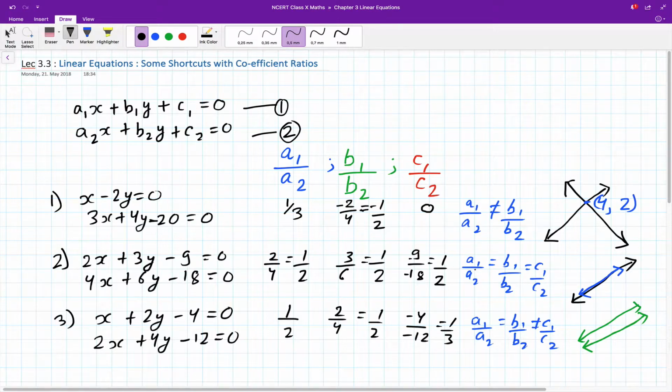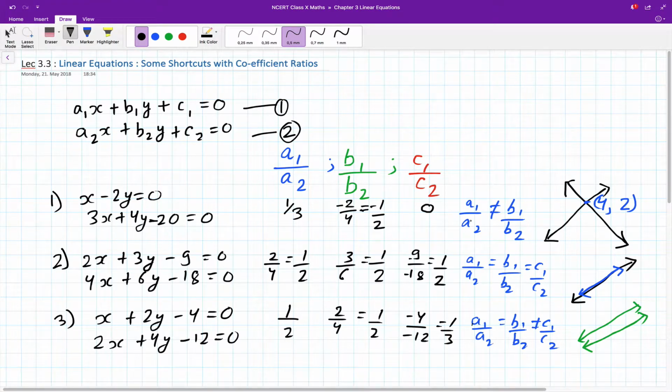In the second case, where all the three ratios are equal, we have coincident lines and infinitely many distinct solutions. And in the third case, where a1 by a2 is equal to b1 by b2, but this is not equal to c1 by c2, we have parallel lines and there is no common solution.